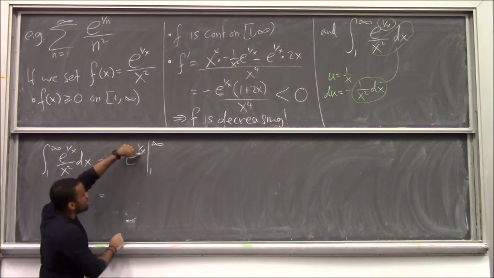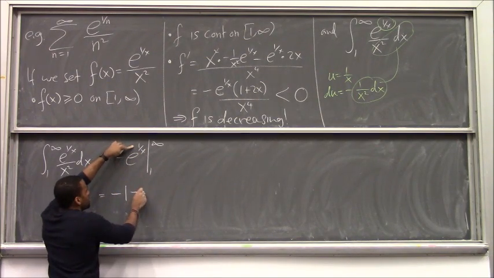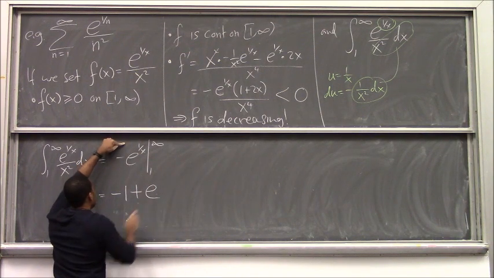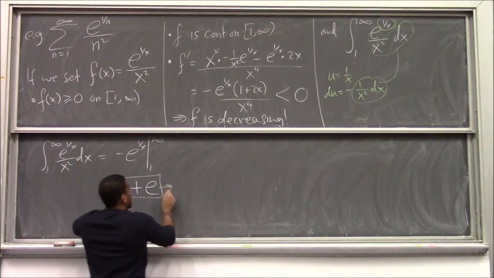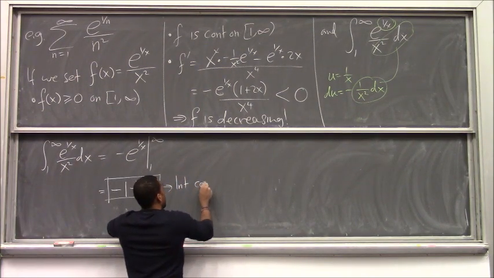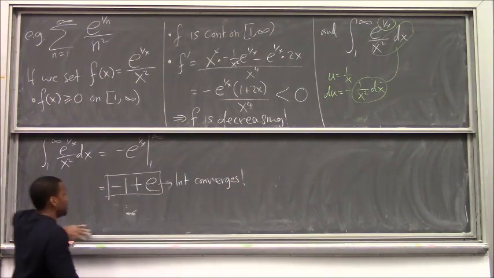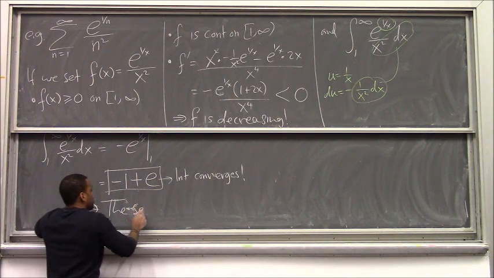Plug in infinity here, you get e to the 0, you get minus 1, minus what becomes a plus. Plug in 1 for x, you get e. So the integral converges. And this means the series converges.